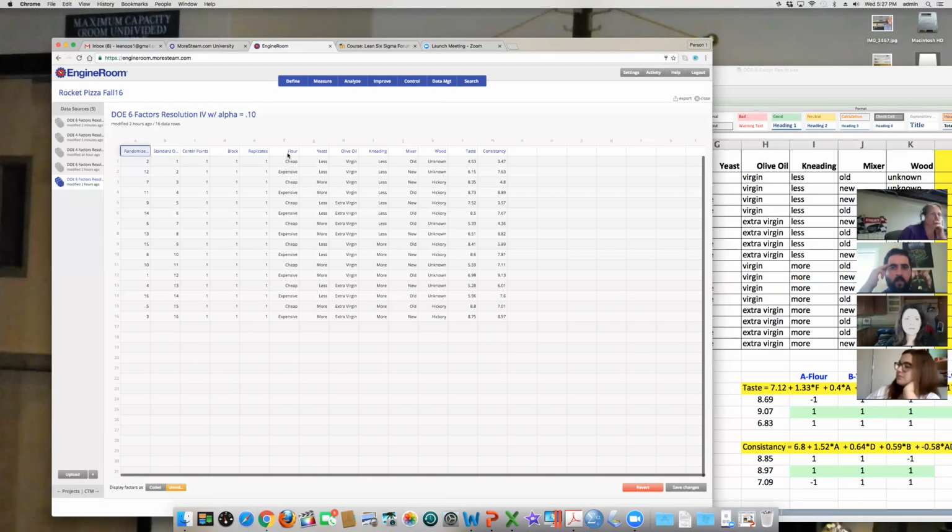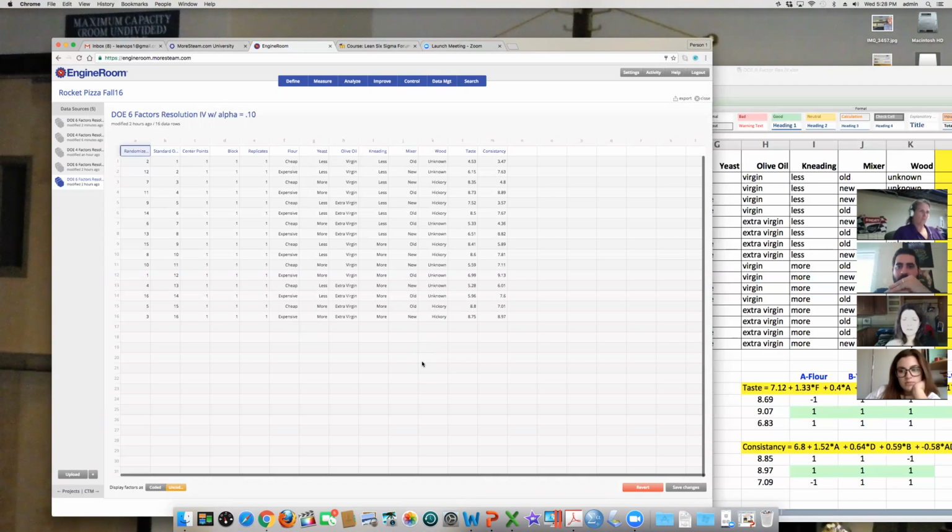In standard order, flour goes cheap, expensive, cheap, expensive. Yeast goes less, less, more, more, less, less, more, more. Olive oil goes virgin, virgin, extra virgin. So you can see the factors become more systematic in the pattern, and you can see what the coverage is.